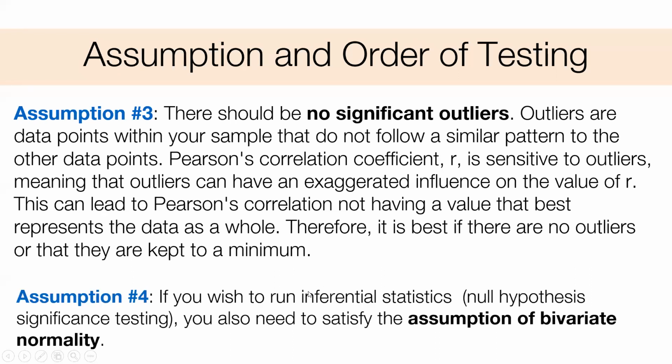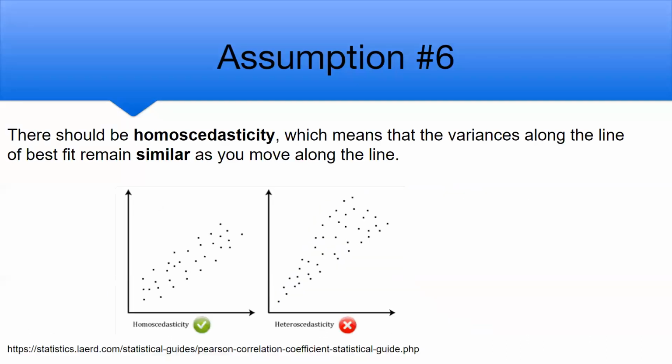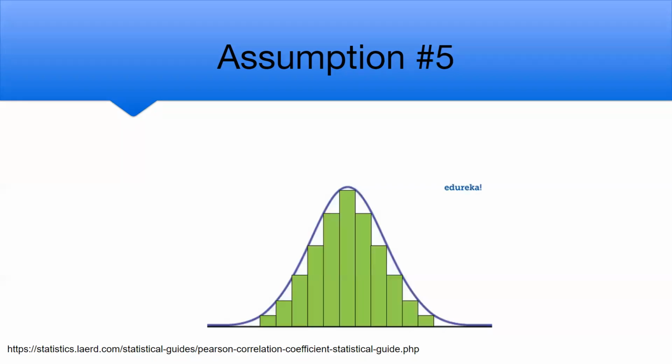The fourth assumption, if you wish to run inferential statistics like testing our null hypothesis, is bivariate normality. The fifth one, if possible, is the assumption of normality. As much as possible, your data is normal.